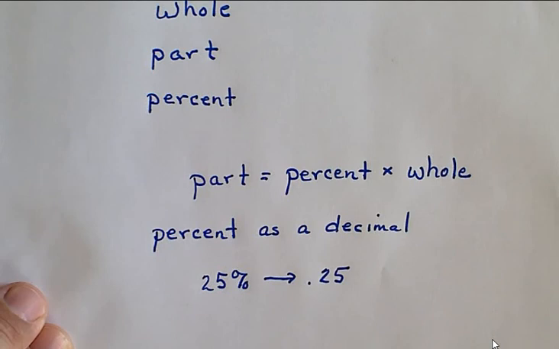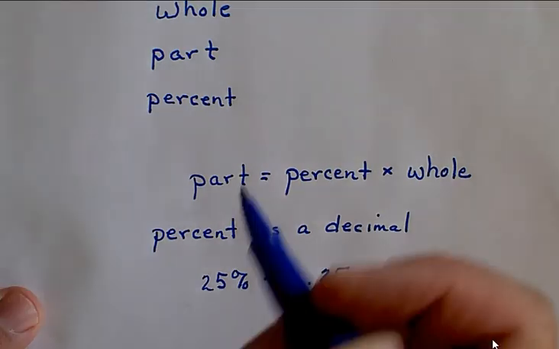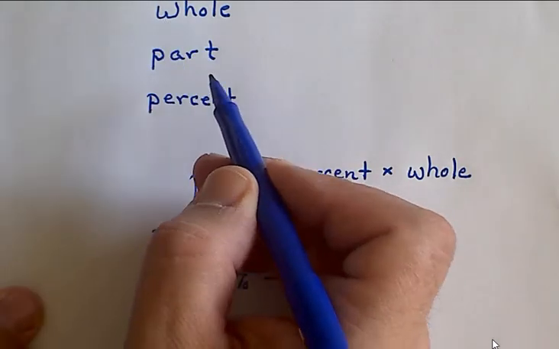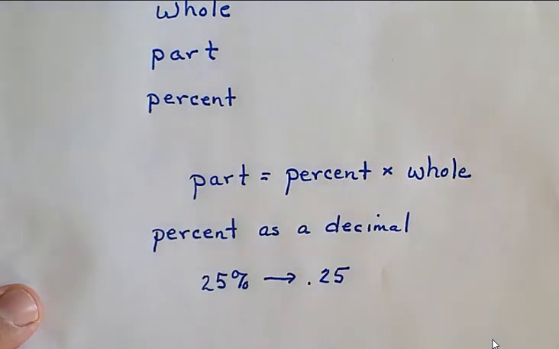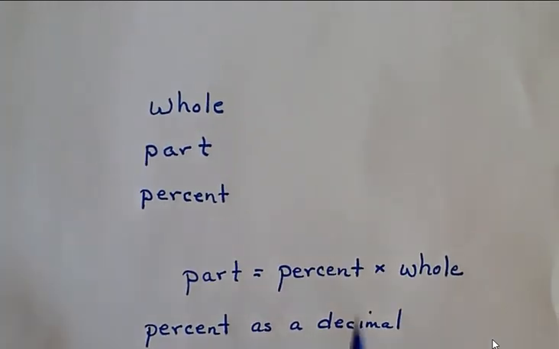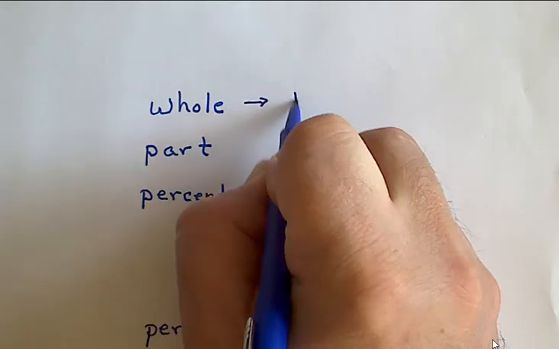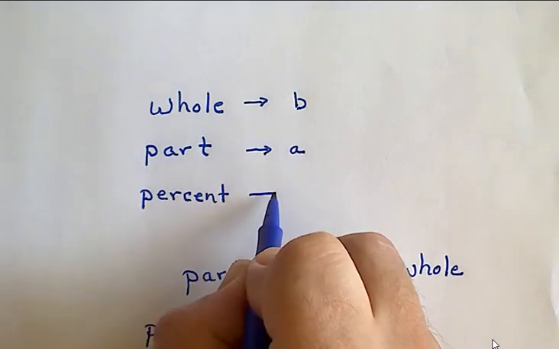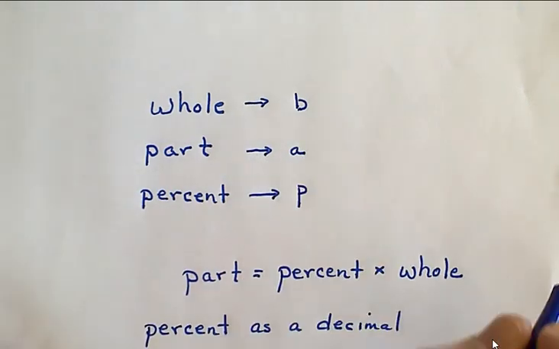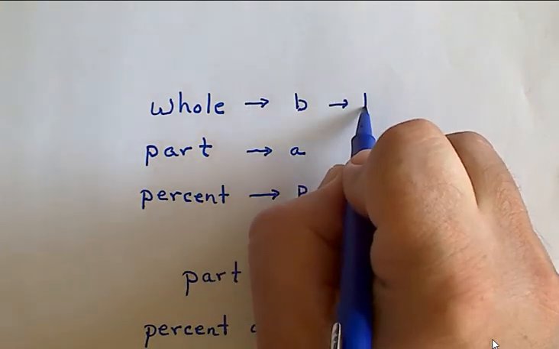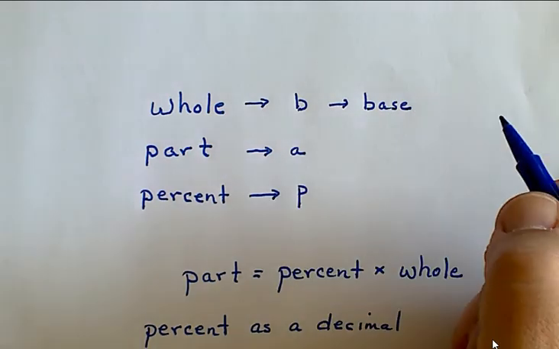So in some cases, they're going to ask you what's the percent, what's the part, and what's the whole. It's just a matter of what am I looking for, and that's where I'm going to put the variable. Let's say the whole is represented by B, the part is represented by A, and the percent is P. Most books call B the base, but the base amount is your whole amount, your total.